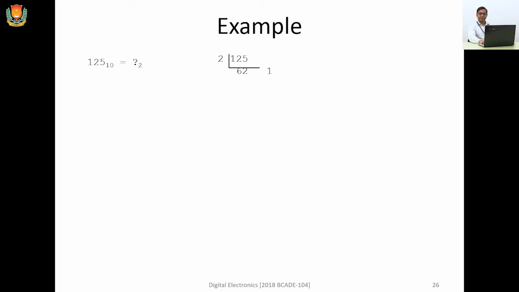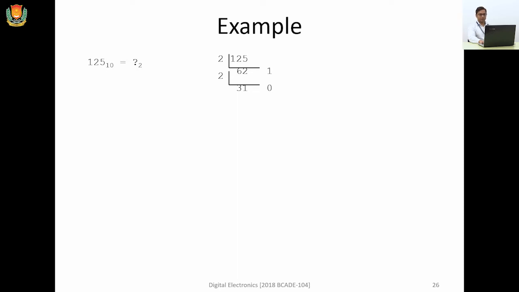125 is divided by 2. It is completely divisible 62 times and one remainder. We should write the remainder in parallel. Then next, again 62 is divided by 2. It is completely divisible 31 times and the remainder is 0.